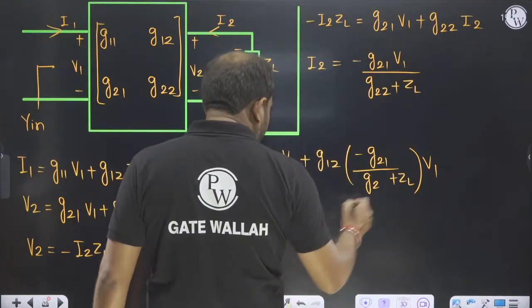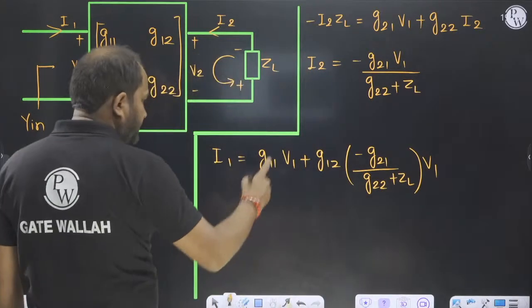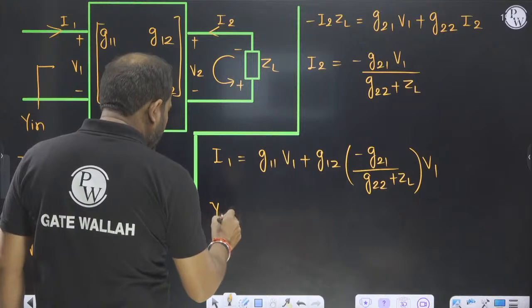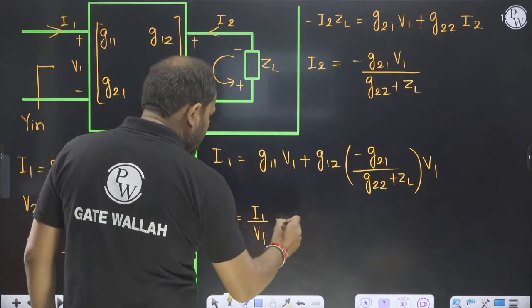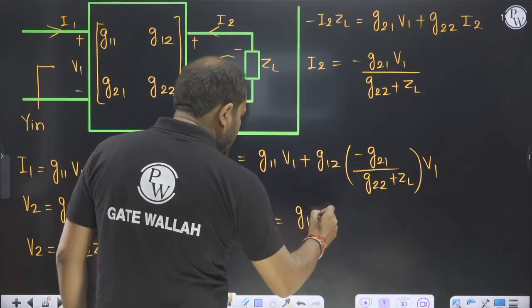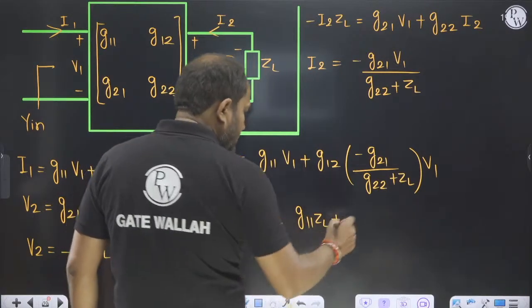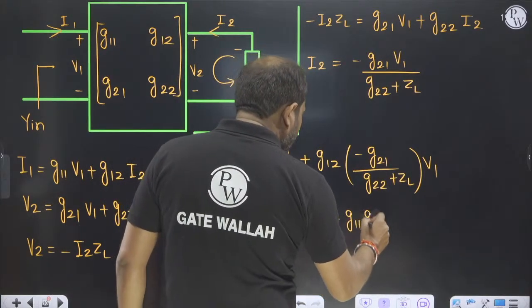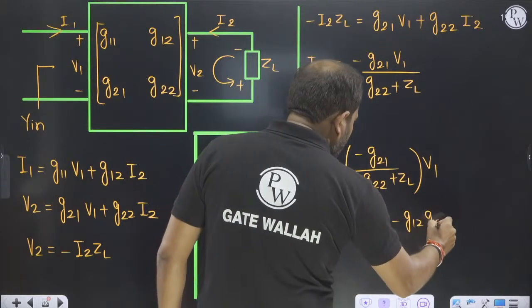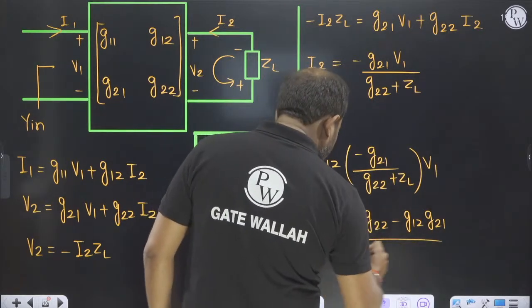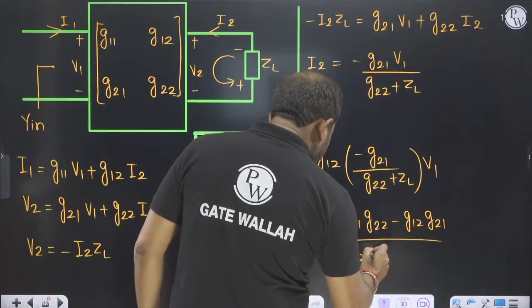Again, Yin is equal to I1 upon V1, and it will be G11 plus G11 G22 minus G12 G21 divided by G22 plus ZL.